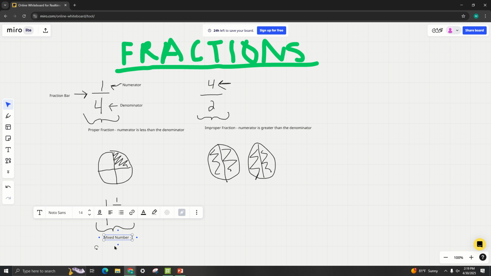A mixed number is just a whole number, so 1 would be my whole number, and a proper fraction, in this case 1/4, paired together. So here I've got 1 and 1/4. This is a mixed number. I've got a whole number paired with a proper fraction.